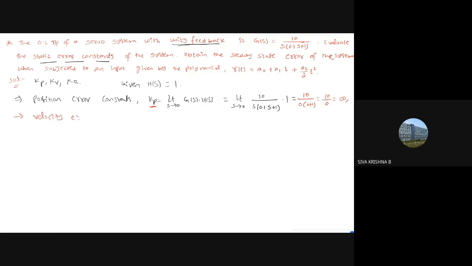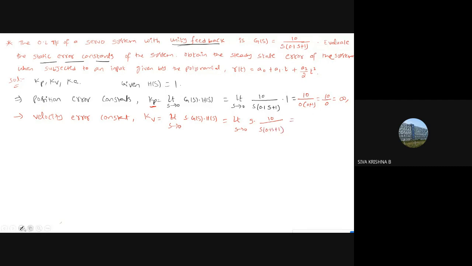So next one is velocity error constant, that means Kv, limit s tends to 0, s into G of s into H of s. So that means limit s tends to 0, s into 10 by s into (0.1 s plus 1).